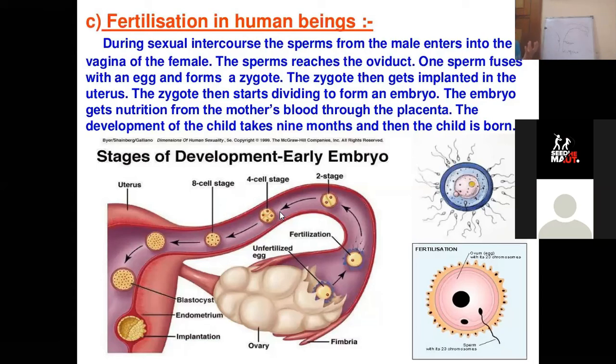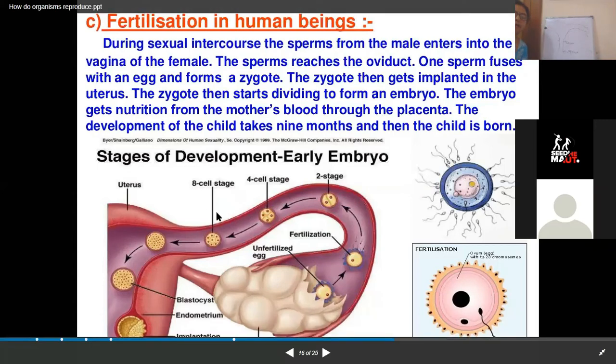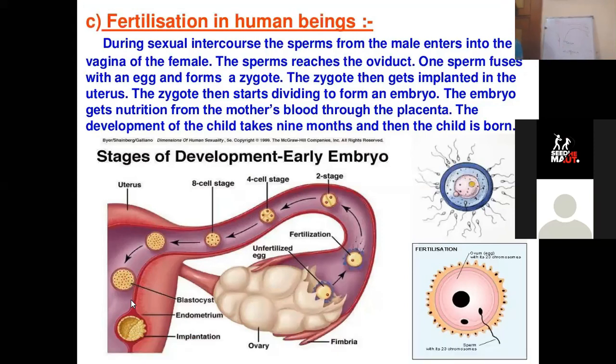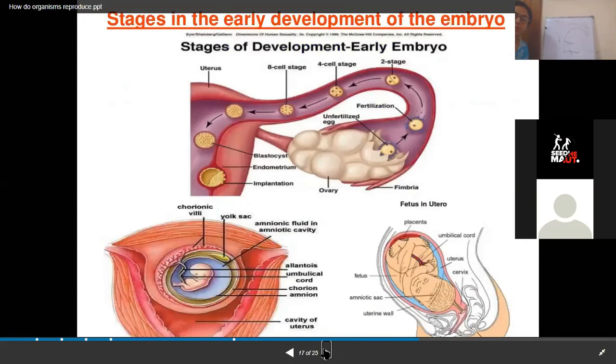Now what will happen? This zygote, at around the 8 cell stage, will travel back into the uterus and get implanted into the uterine walls. Here the zygote will take up nutrition through a disc-shaped structure which is known as the placenta.